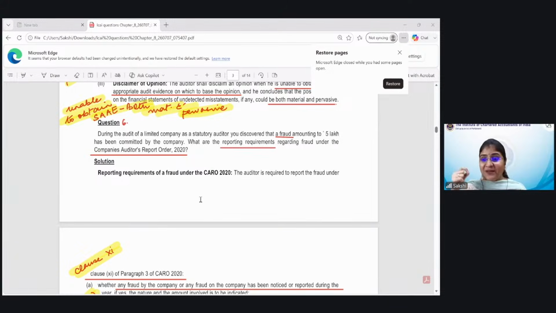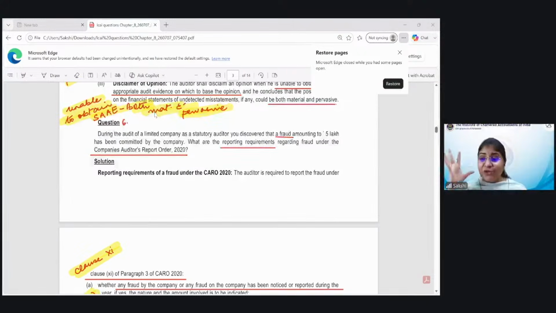Why? Because section 143 subsection 12 deals with the situation of fraud, and there the auditor has to file the form ADT 4. ADT 4 was the form. Do you all remember this? So immediately, when you see fraud, write in your book: clause 11, 143(12) and ADT 4.